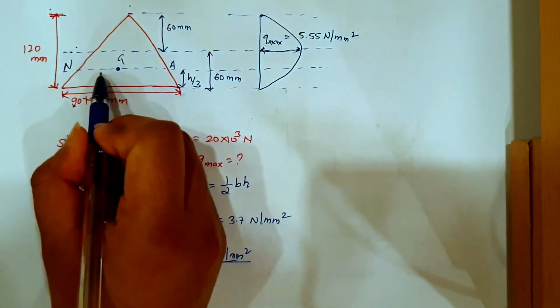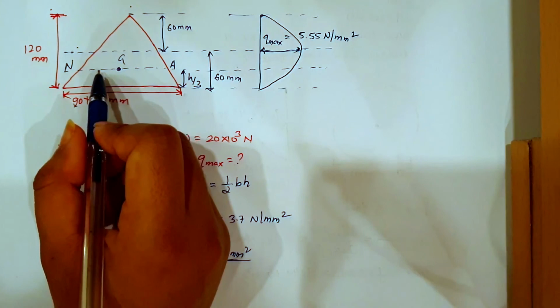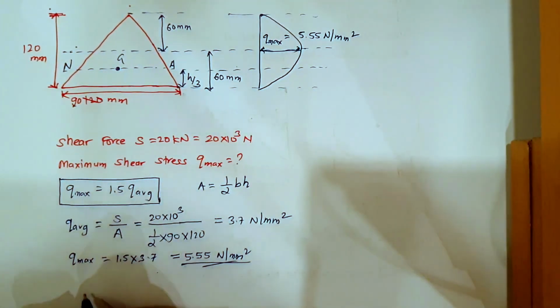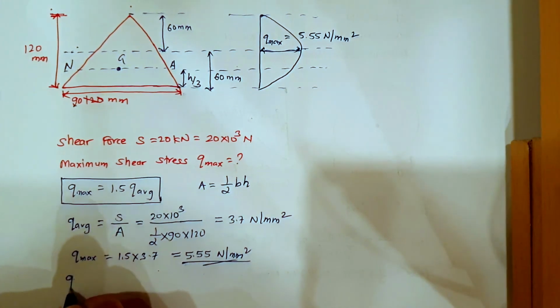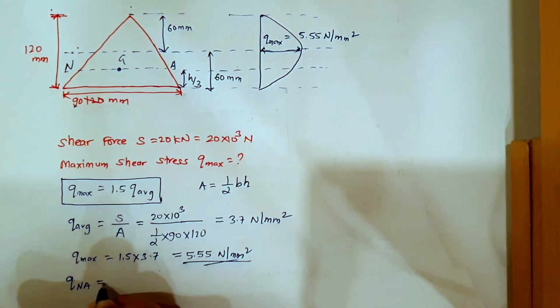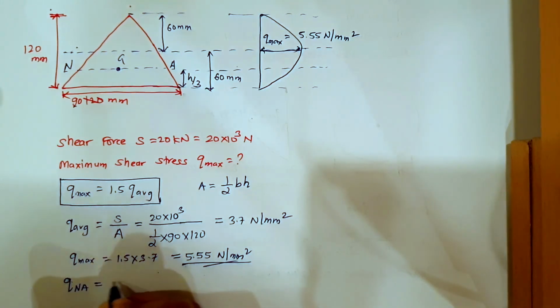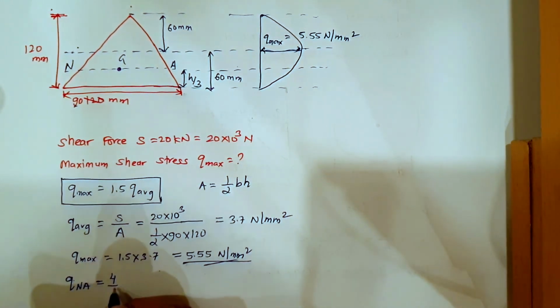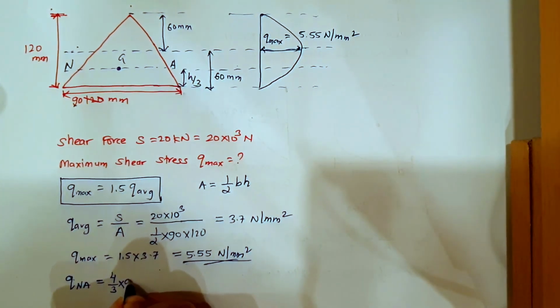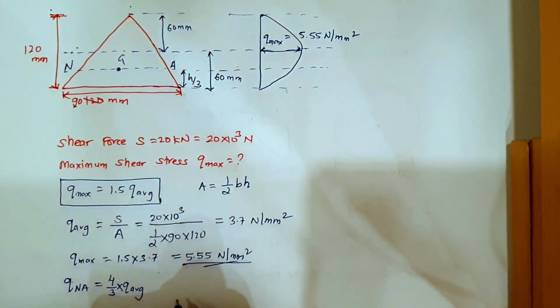Now if I want to find the shear stress at this point, which is the neutral axis point, it will be equal to 4 by 3 into Q average.